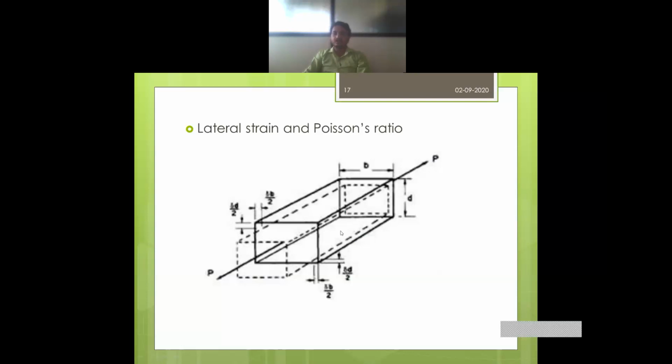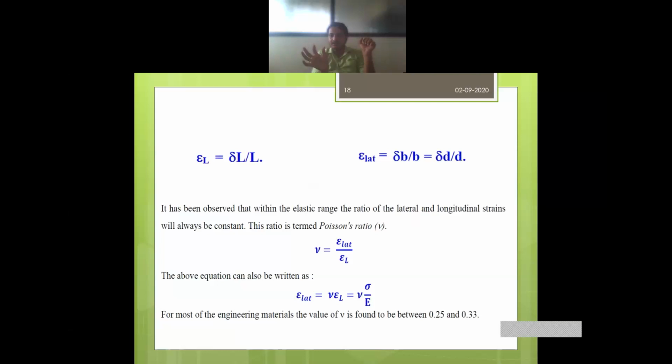But according to Poisson's ratio principle, the lateral strain in the x and y directions is equal in all directions. If you have a box like this, and it is reducing, it reduces equally; if it is expanding, it expands equally. So in all directions, the lateral strain is equal.